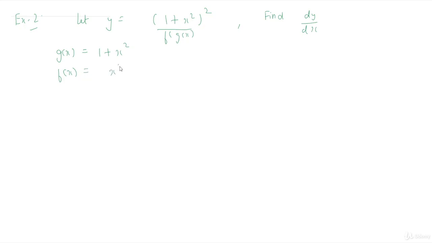So if we plug in g of x inside this f of x, replacing x with the value of g of x, then this will be g of x whole square, and that will come out as 1 plus x square whole square, right? So this is the inner function, and this is the outer function.